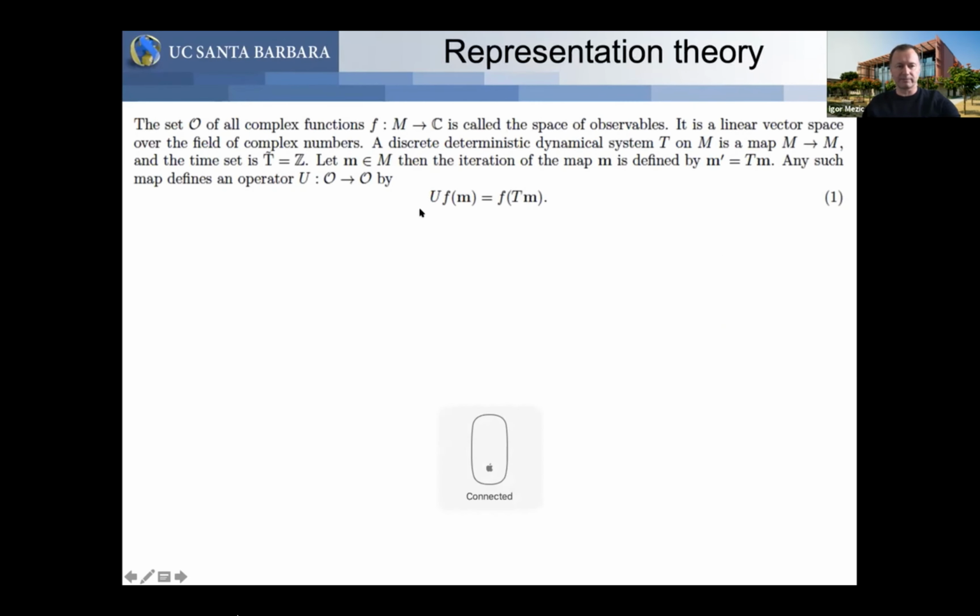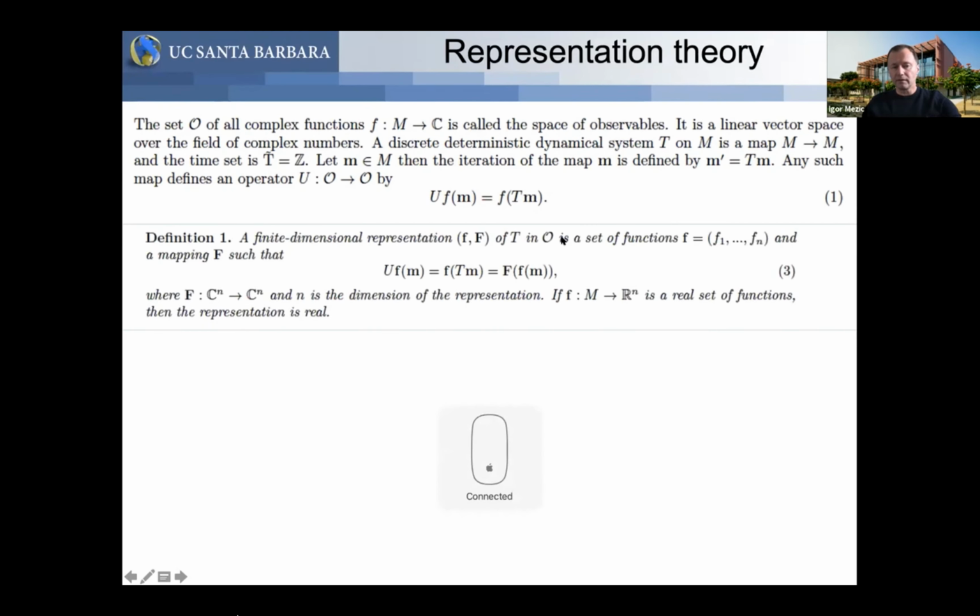But I'd like to take a step back and take a more abstract point of view, where I don't get given perhaps a nice smooth dynamics. My dynamics is entirely on some space M. There is an abstract map T from M to M. And then this operator here is defined as a composition with T acting on M. Now, here is the first definition.